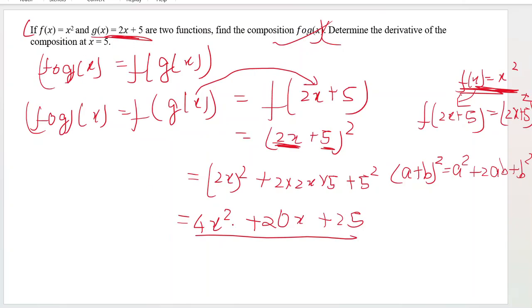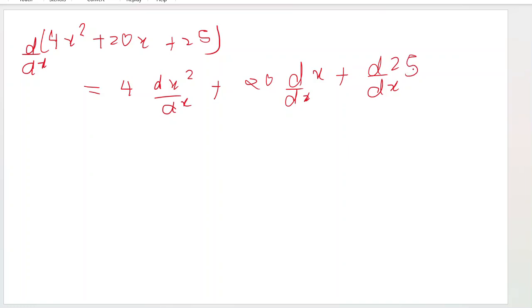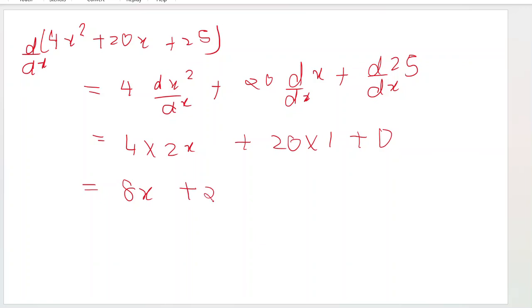We take 4 out and find the derivative of x square with respect to x. We take 20 out, the derivative of x with respect to x, and we keep the derivative of 25. The answer to the first is 2x. The answer to the second is 20 into 1, and the last is 0. So we get 8x plus 20.